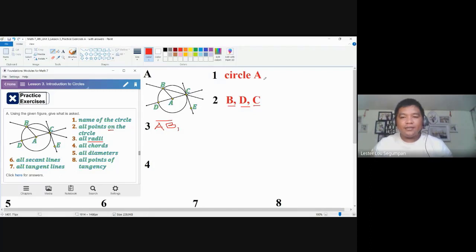Next is center A to a point on the circle D, line segment AD. And we have center A and point on the circle C. So we have 3 points on the circle as far as the figure is concerned. That is why we have three known radii. What if I have here a point, let's say point F?